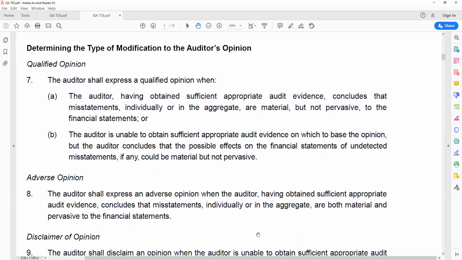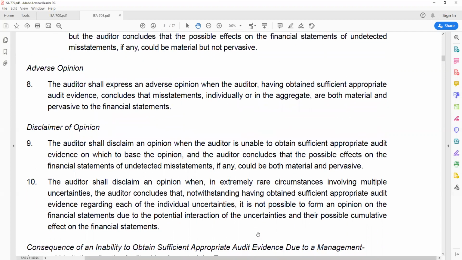If we have a scope limitation and the potential impact of any potential misstatement that could occur is material and pervasive, then you issue what we call the disclaimer of opinion. The disclaimer of opinion. Clear? Okay, so those are the three opinions. You've gone so far.